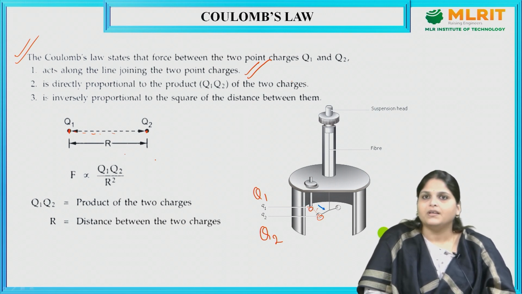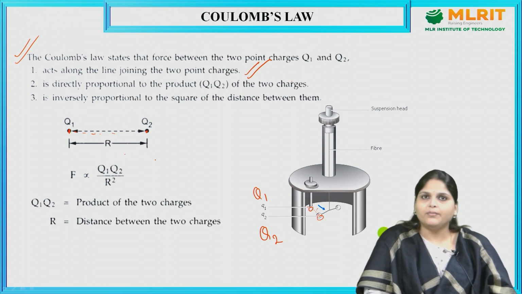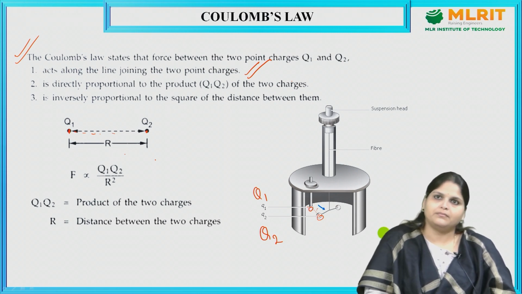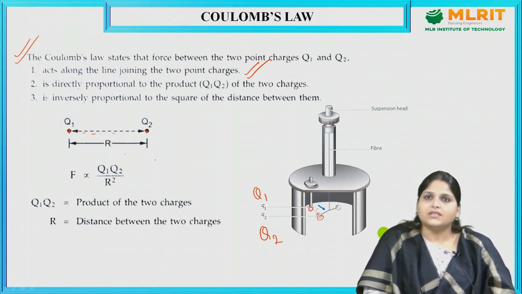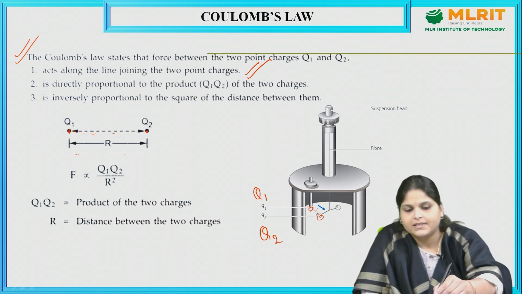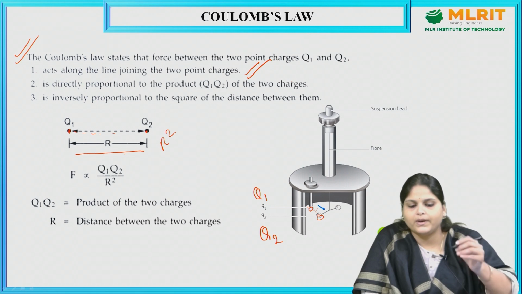Second, the force is directly proportional to the product of Q1 and Q2. And the third point observed by him is that this force is inversely proportional to the square of the distance between them, meaning R square.